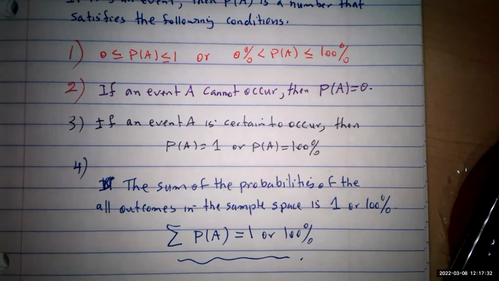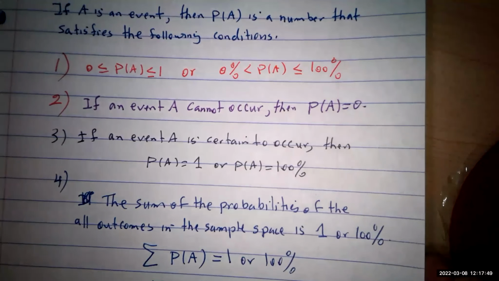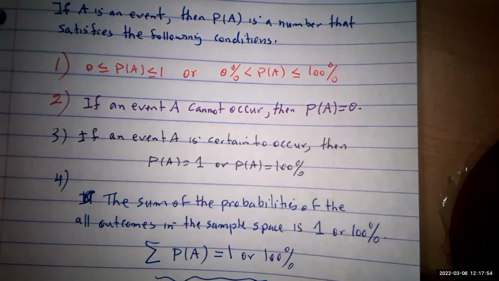So if you have a function that satisfies all these properties that I talked about, in that case, that function would be a probability. Otherwise, it's not. Okay, I'll give you one problem because you have this one in your book, and we finish this section. Any question?